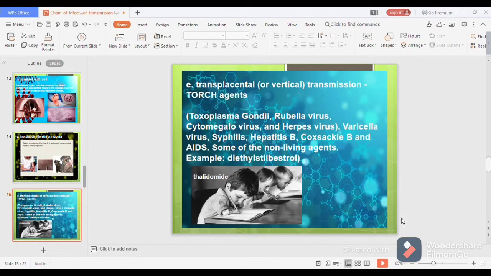Some of the non-living agents, example, the diethylstilbestrol. So it is one of the modes of transmission that occur.